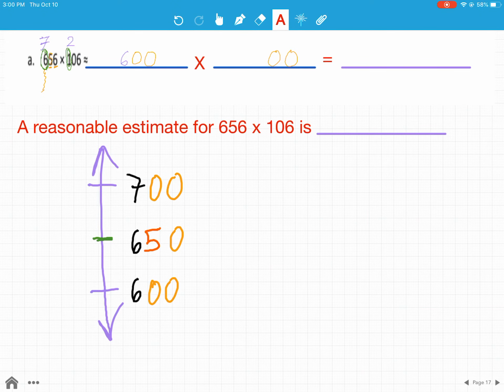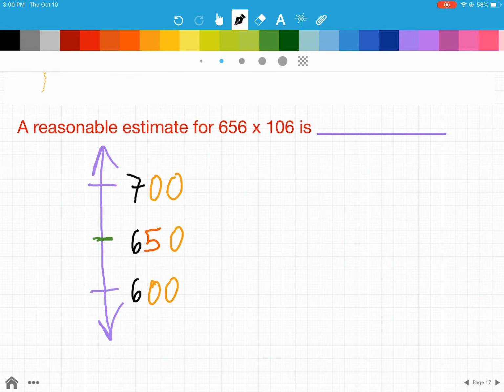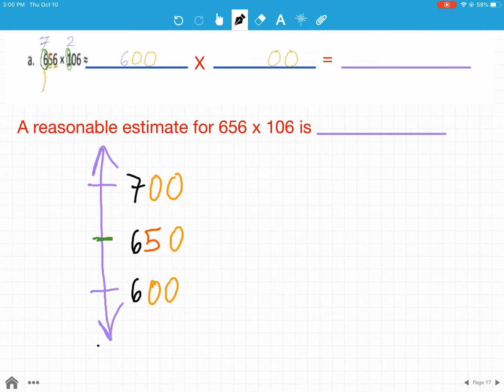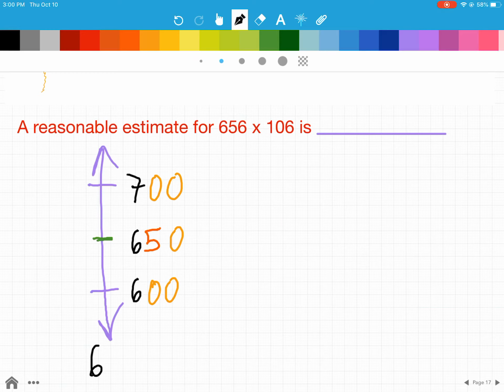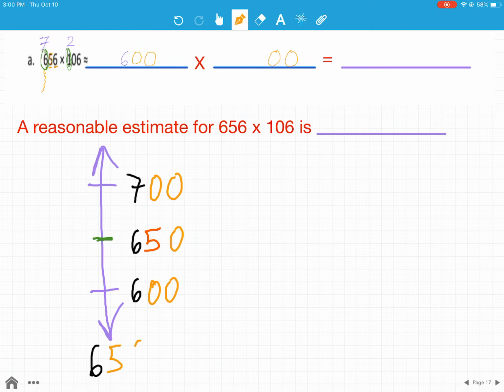So then we have the number 656. We know the 6's are right here, so it's either going to be less than or greater than the 600. So what we do is we test this one out.